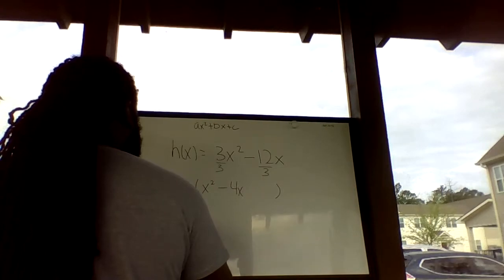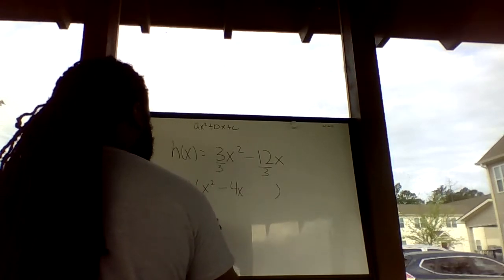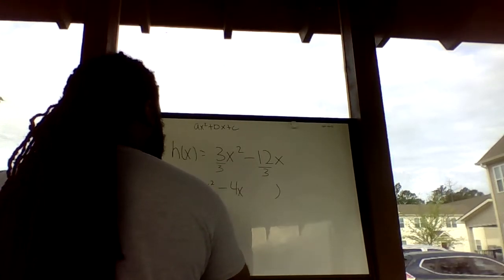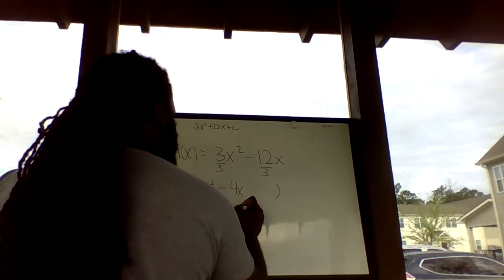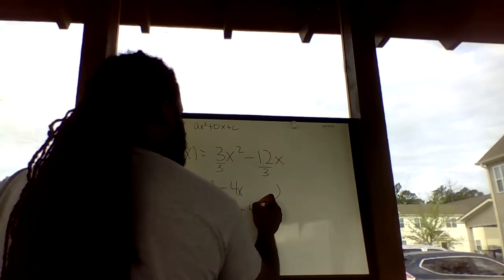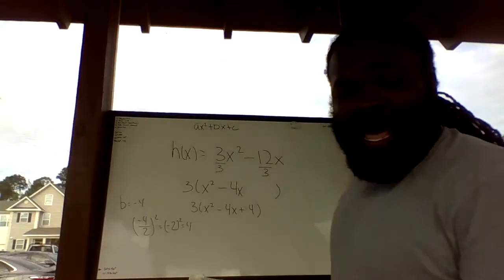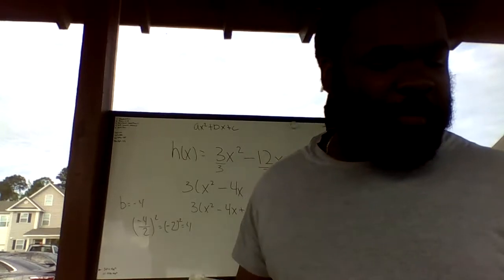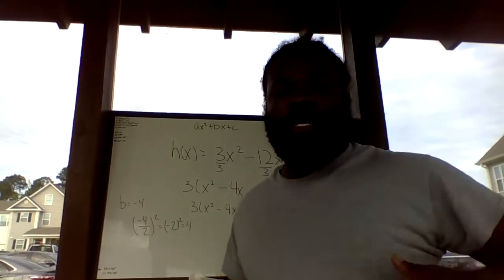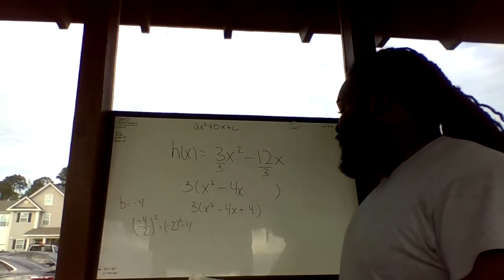That gives me -2 squared, which gives me a +4. So here, I have 3 times x squared minus 4x plus 4. Now, remember, I can't just come here and plug in a 4 and just add numbers, right? I can't just add random numbers to my problem. That changes my entire problem, right?